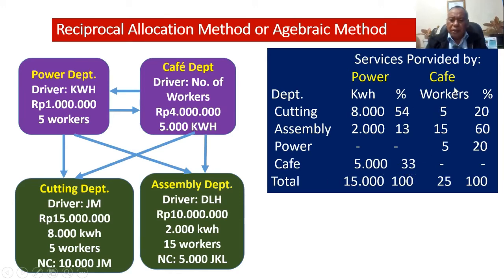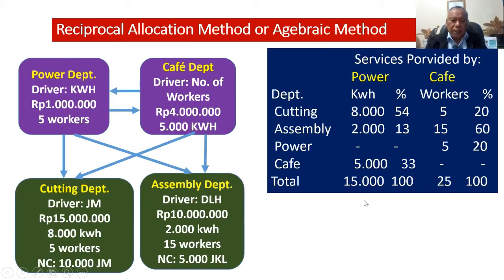Cafe, we allocate based on its driver, in this case number of workers. So we divide the number of workers for each department by total workers. So we find cafe provides service to the cutting department 20%, assembly 60%, and power 20%. In total it must be 100%.